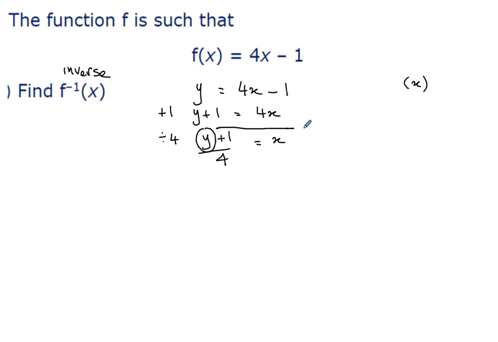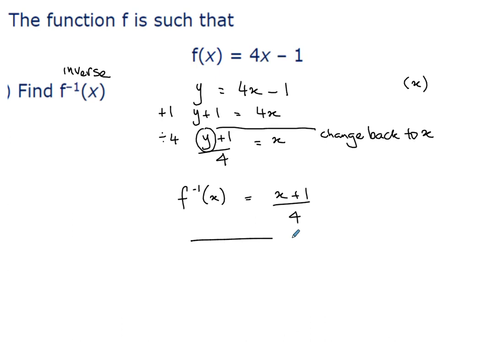So the inverse function f minus 1 of x equals (x plus 1) divided by 4. Wasn't that easy? It's all about rearranging the formula.